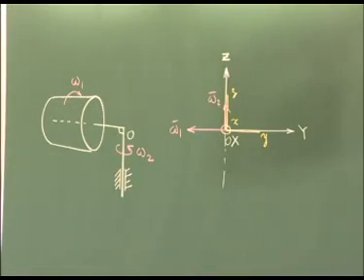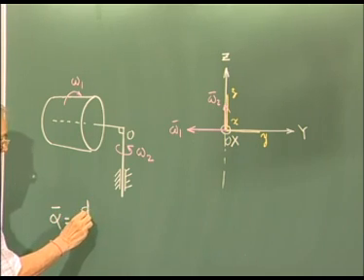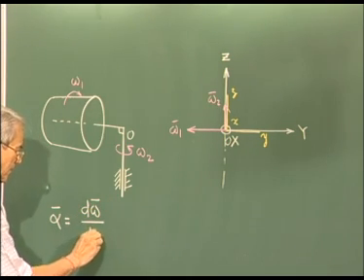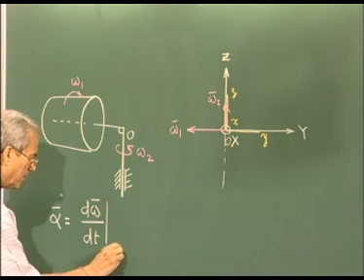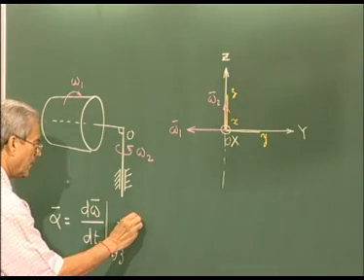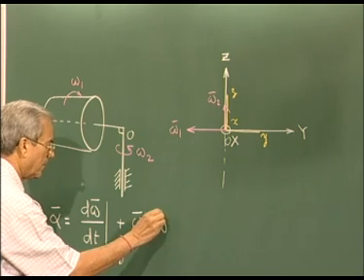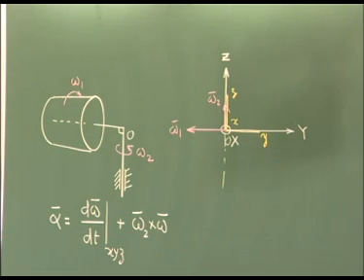So, now from this relation, the angular acceleration of this can be written as. So next, therefore, you have to find out what is the angular velocity of this drum.